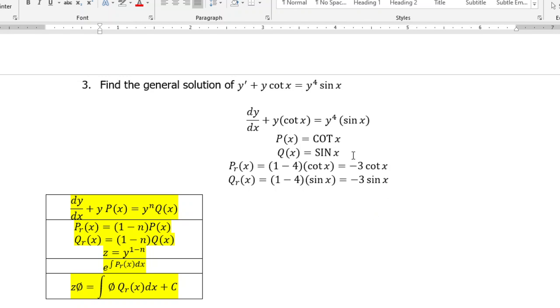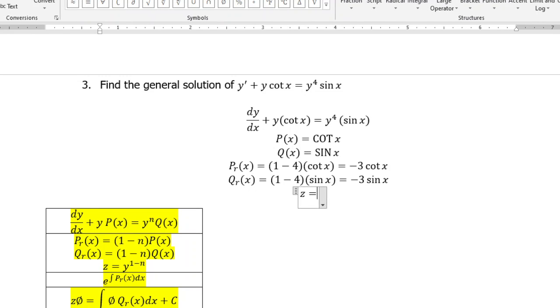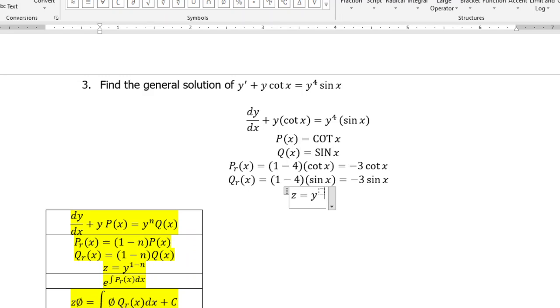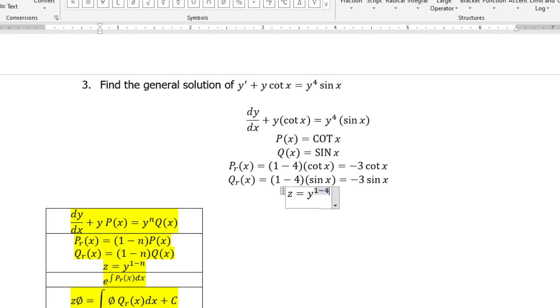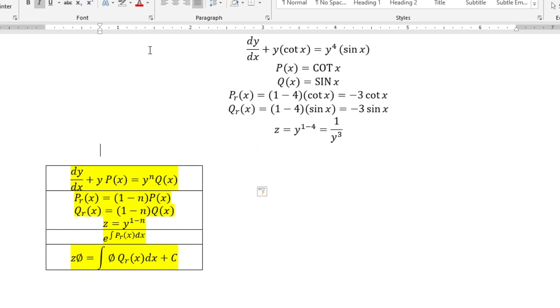Okay? Then, kailangan natin ng z, which is equal to y raised to 1 minus 4, or 1 over y cubed. So, kuha na natin z.